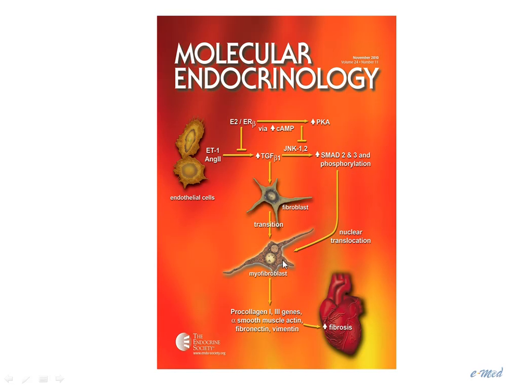So TGF-beta changes the fibroblast into a myofibroblast, and this is the form that makes the collagen that gives you fibrosis, along with other very important genes like alpha-SMA, fibronectin, and vimentin. So how does estrogen working through ER-beta block that? It blocks TGF-beta formation. It signals through cyclic AMP and PKA to block JNK activation. The SMAD transcription factors are not phosphorylated and they're retained in the cytoplasm.